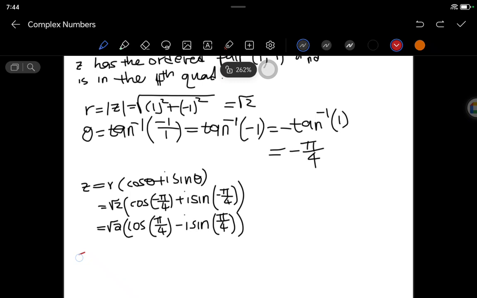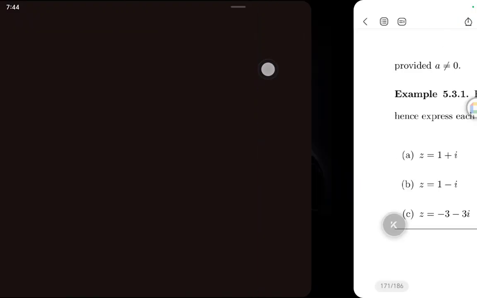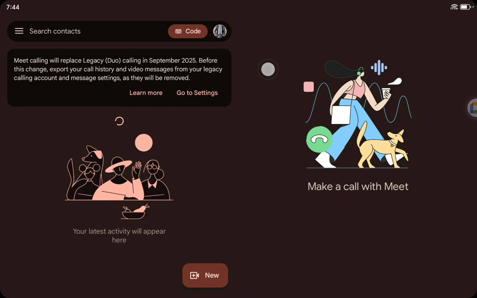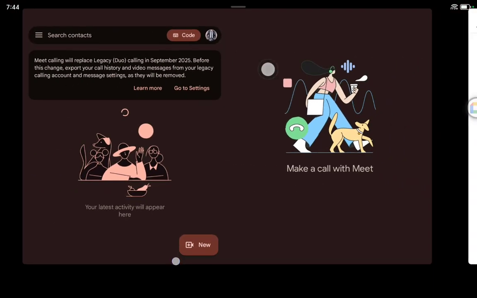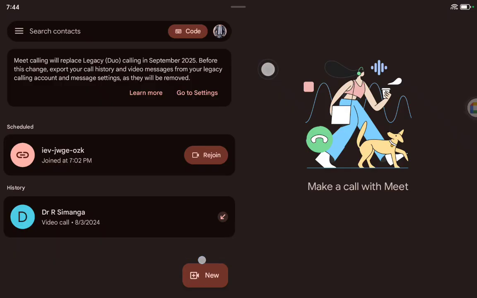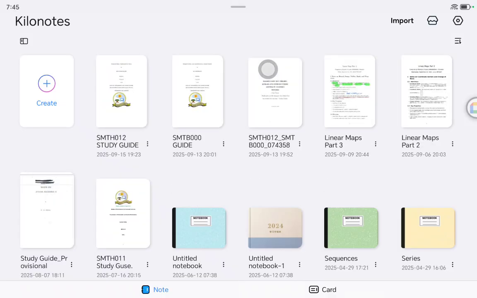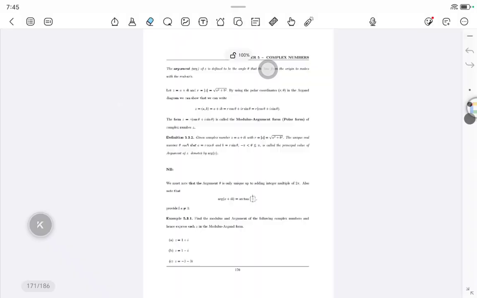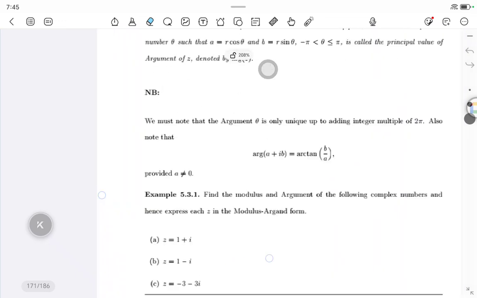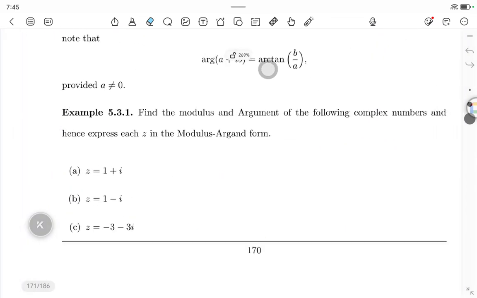So, part C, that time we're given that z equals minus 3i. So let me go confirm. I think we had that. Yeah, we had minus 3i, right?